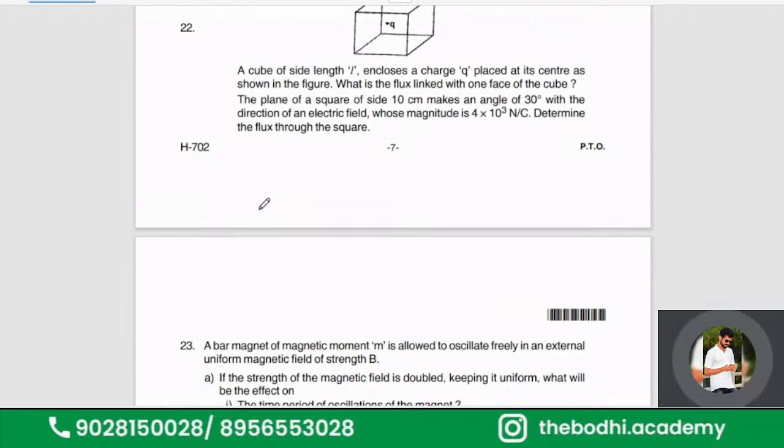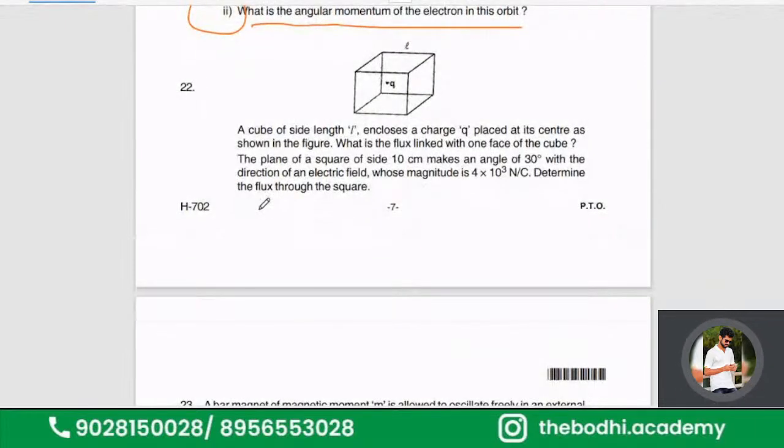Sometimes they ask at the center, sometimes at vertices, sometimes at an edge. So you should know how many vertices, how many edges, and how many faces a cube has. All this information you should have. Let's continue.